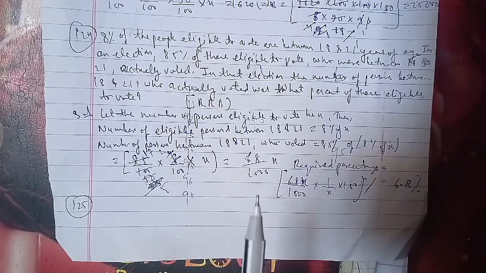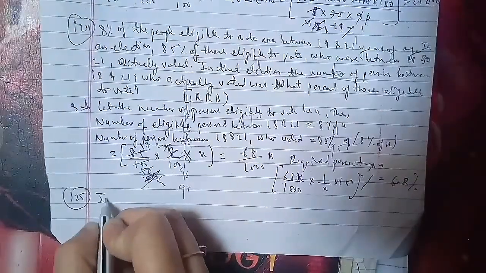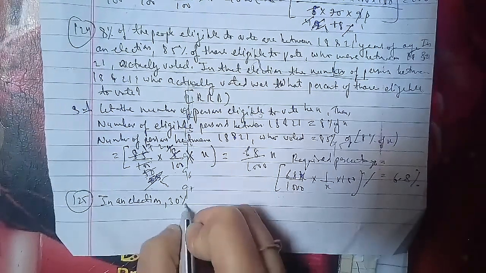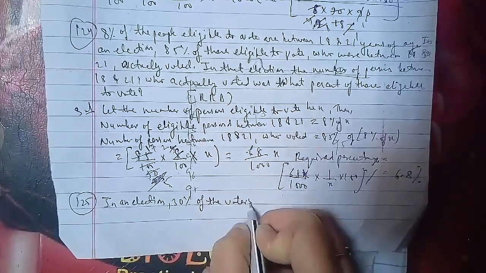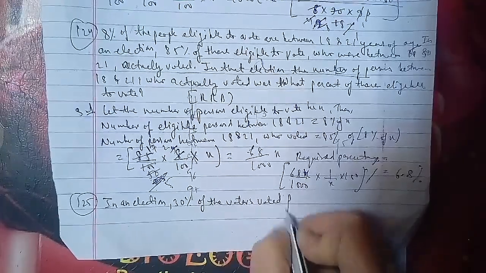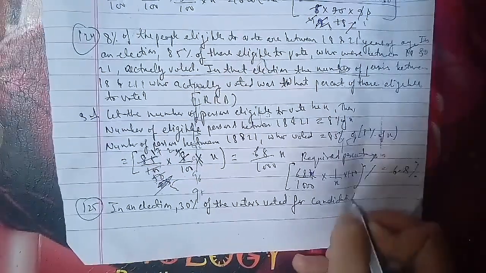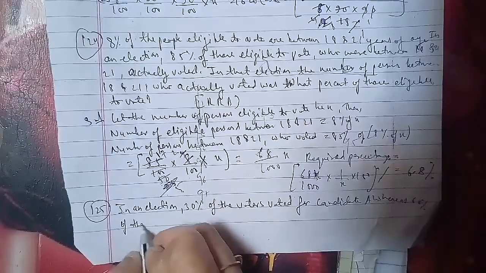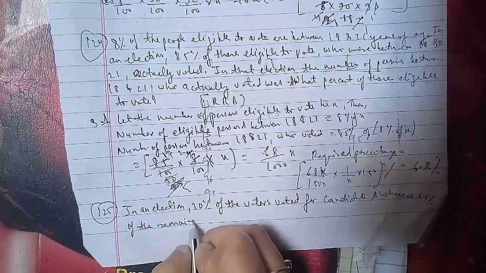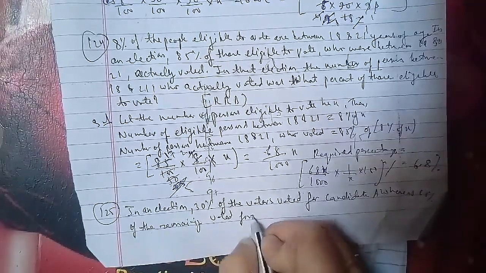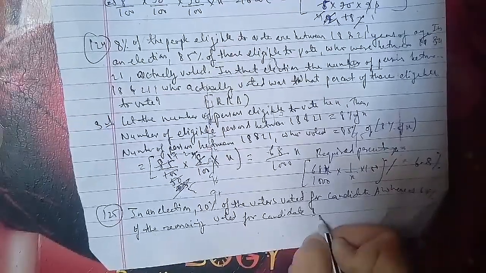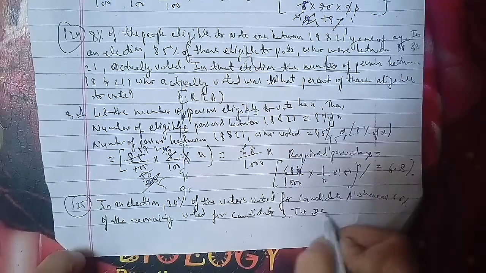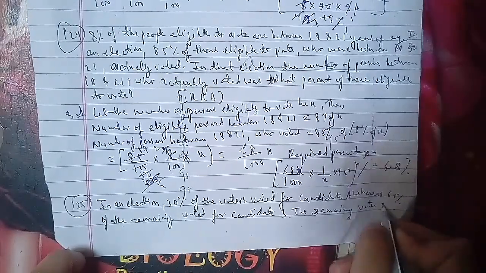So we'll go ahead for the same. In an election, 30% of the voters voted for candidate A, whereas 60% of the remaining voted for candidate B. The remaining voters did not vote.